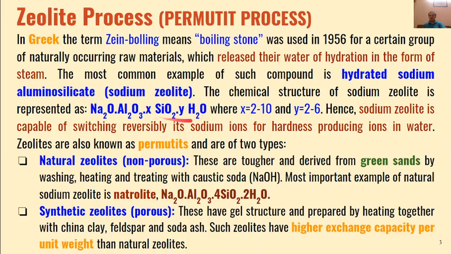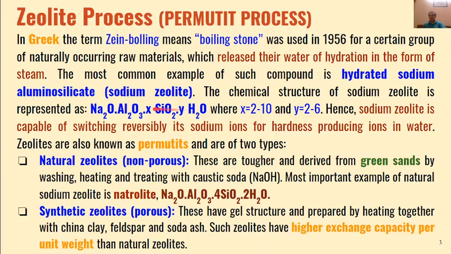This X may range from 2 to 10, whereas this Y may range from 2 to 6. Depending upon the values of X and Y, the nomenclature of these zeolites is done. So all sodium zeolites can have silicon dioxide molecules ranging from 2 to 10, and water of hydration ranging from 2 to 6.